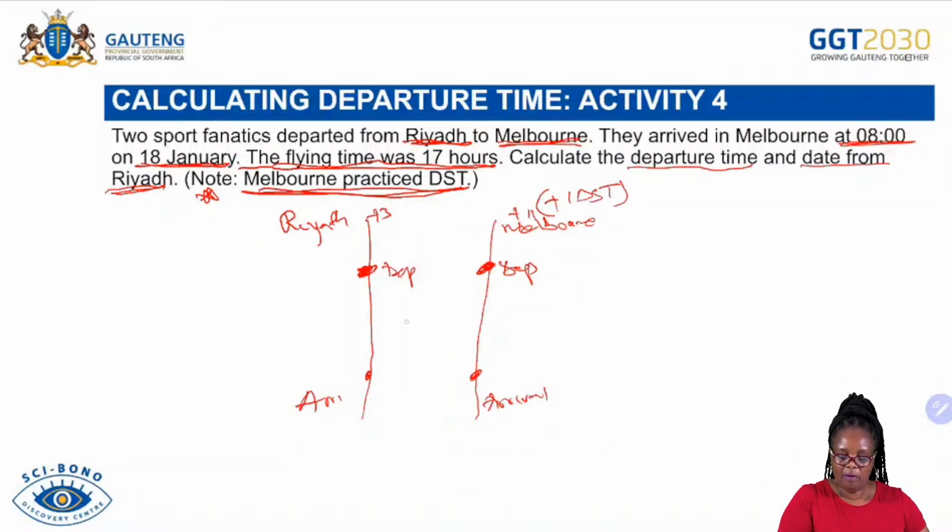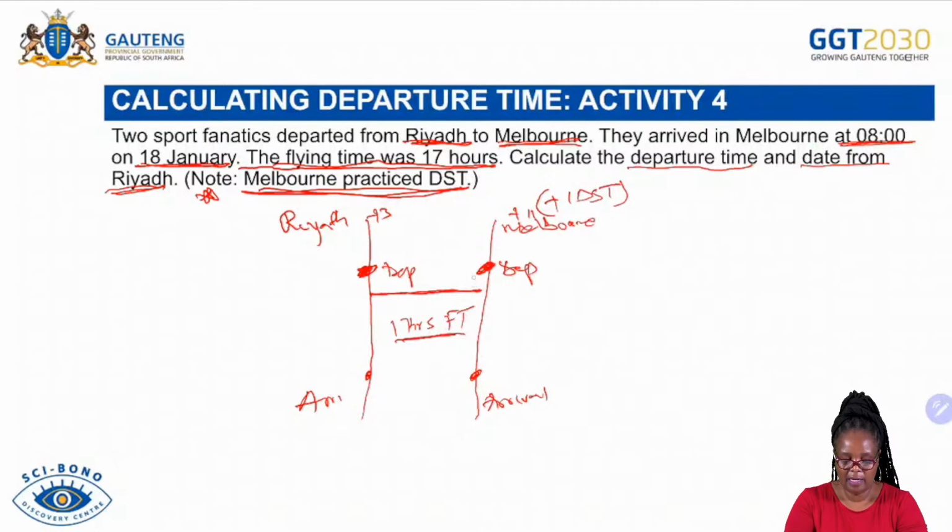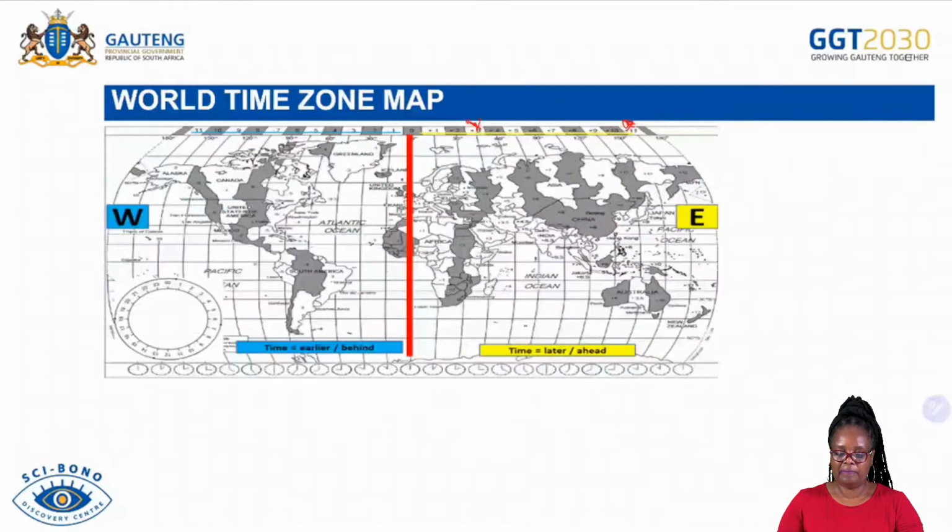Then we have our flying time, 17 hours. We have identified the areas, we have identified the time difference. Now we need to identify the time difference between the two, between Riyadh and Melbourne. Let's go to our map.